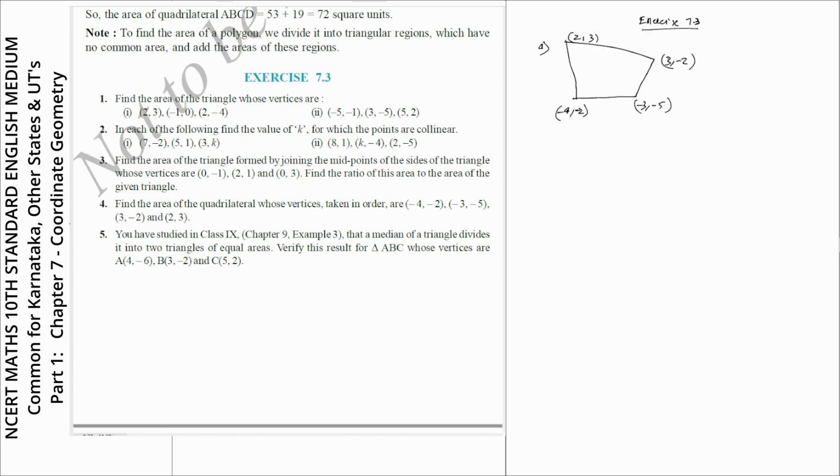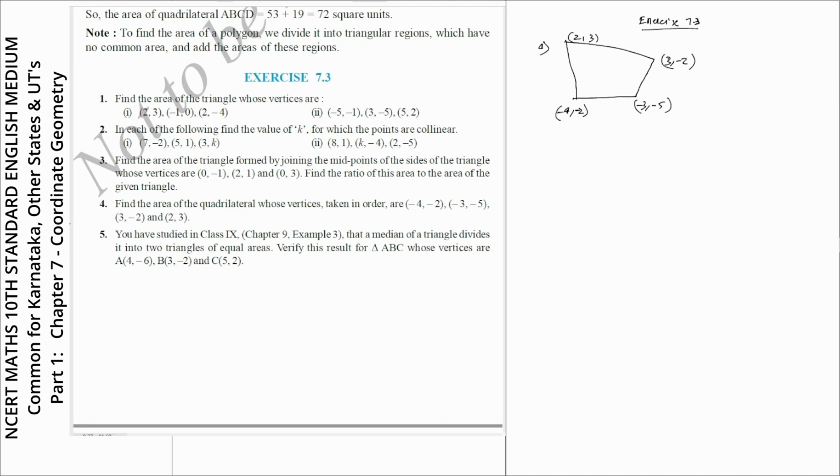Exercise 7.3, question number 4. Find the area of the quadrilateral whose vertices taken in the order are -4, -2, -3, -5, 3, -2 and 2, 3. So I've drawn the quadrilateral, you can see, and I've taken points on the vertices as shown.